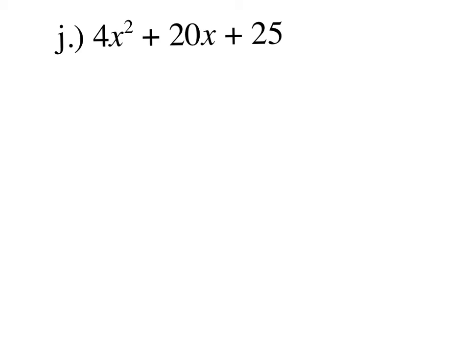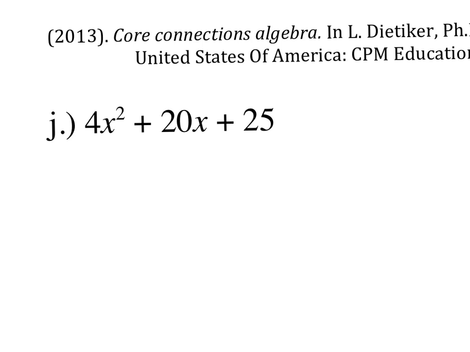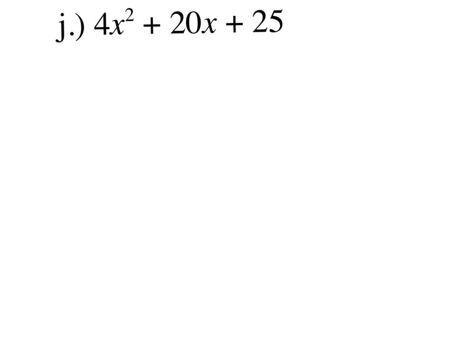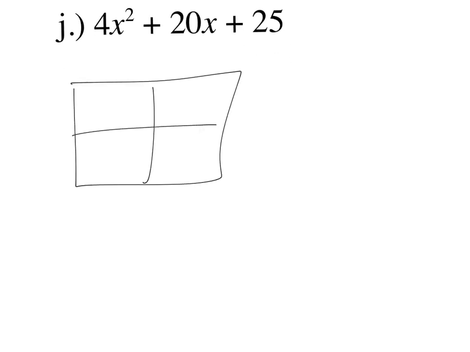In letter J, we have 4x squared plus 20x plus 25, and the GCF is going to be 1. So we are going to get started by doing a diamond and a rectangle. So I have 4x squared, I have my 25.